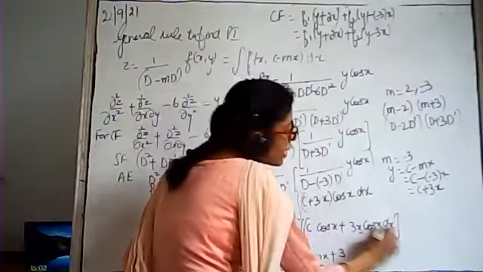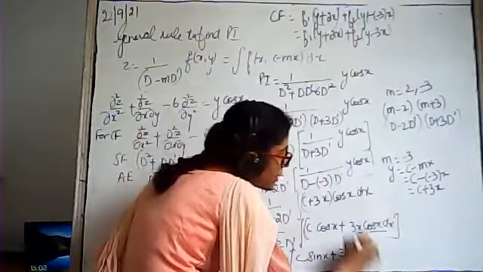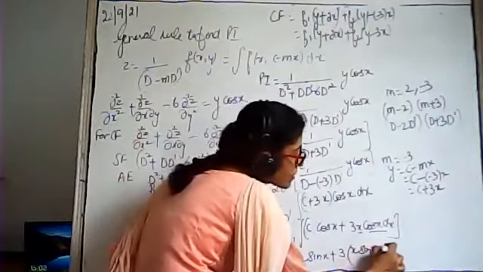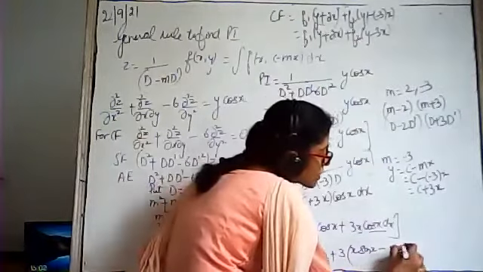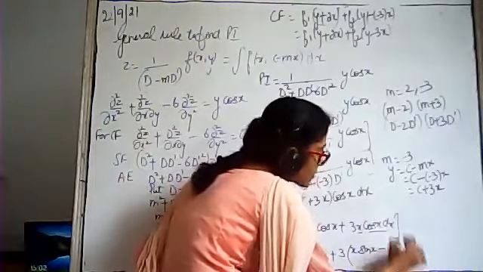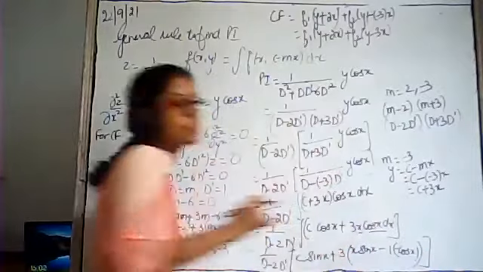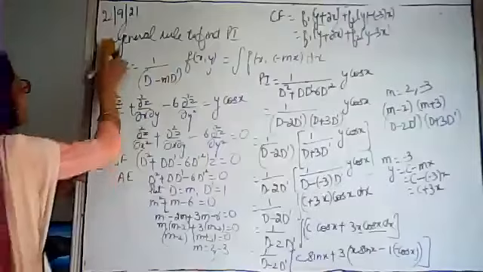Now we have to integrate x into cos x. Integration of x cos x will be x into sin x minus the differentiation of x, which is 1, into the integration of sin x, which is minus cos x. ठीक है, एक ही स्टेप में मैंने इसको खत्म कर दिया. आपको बताया था फोरियर सीरीज के अंदर u into v रूल एक ही स्टेप में कैसे खत्म करते हैं.